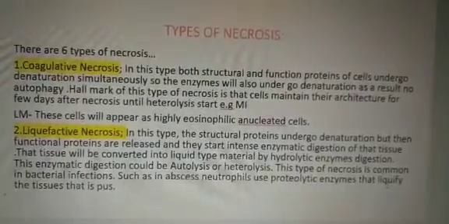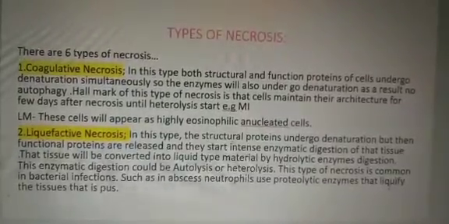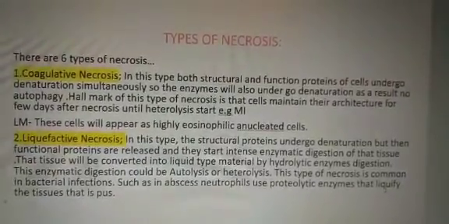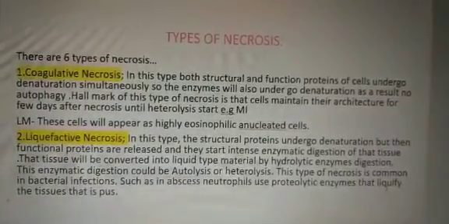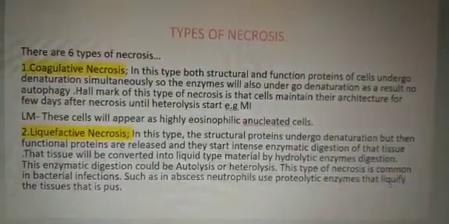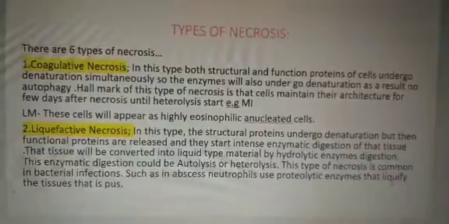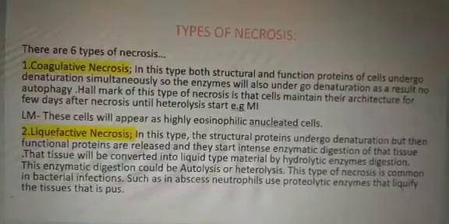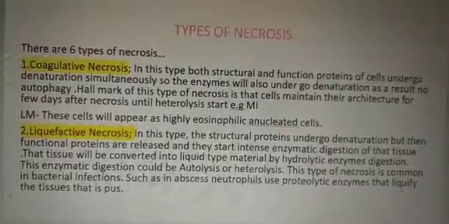They simultaneously undergo denaturation, and the result is that the architecture of that tissue remains the same, maintained for a few days until the mediators released by that necrotic tissue attract different immune cells. Those immune cells will come to the necrotic area and start digesting that tissue. Until then, the tissue architecture will be maintained.